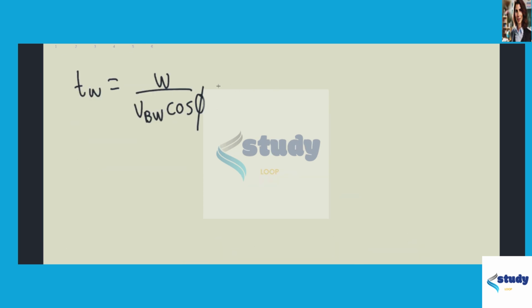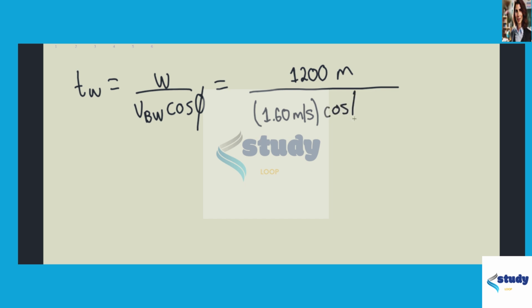And we can say that this is going to be equal to 1,200 meters divided by 1.60 meters per second, multiplied by cosine of negative 24.9 degrees. This is equaling 826.86 seconds.